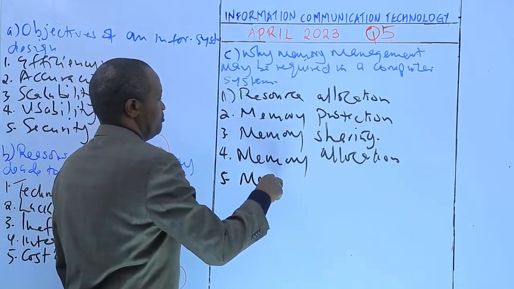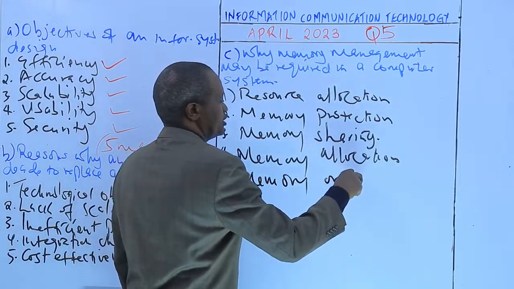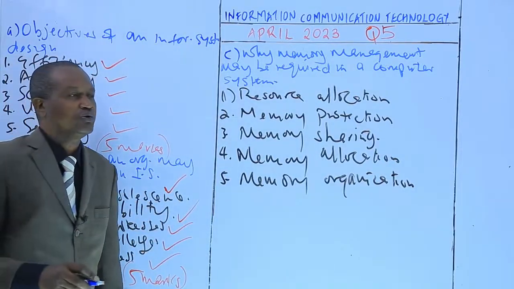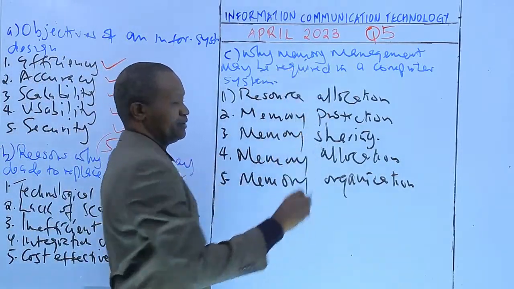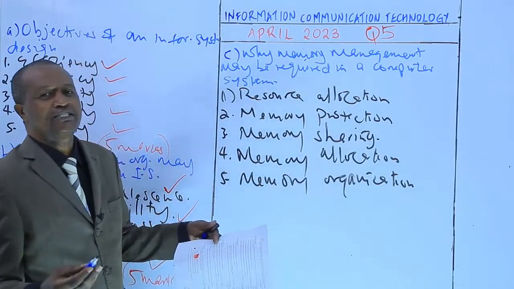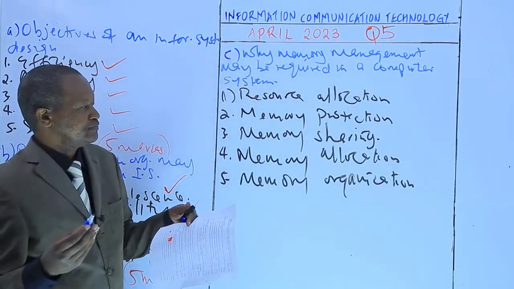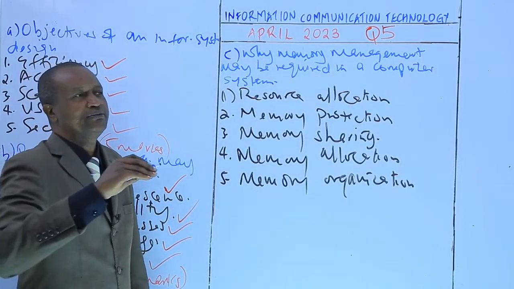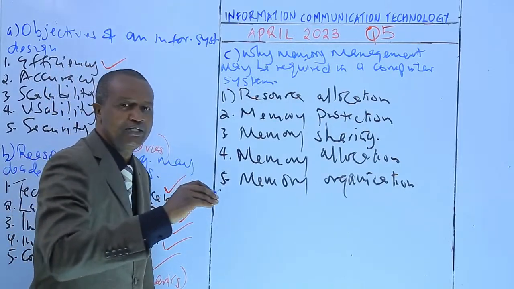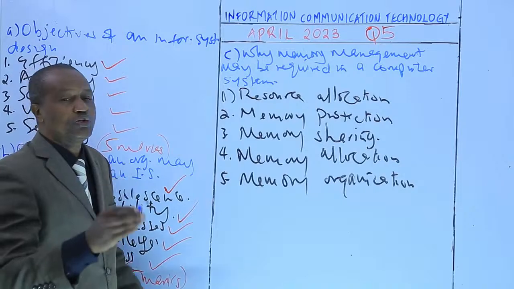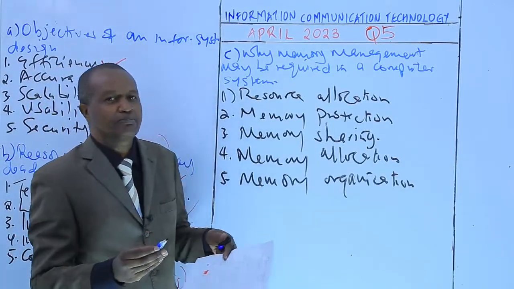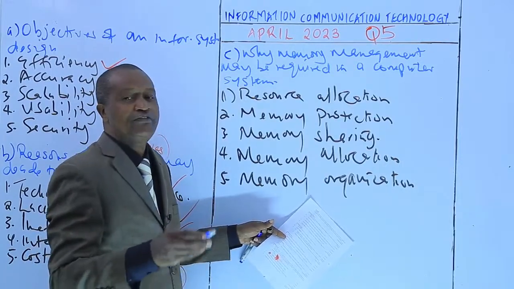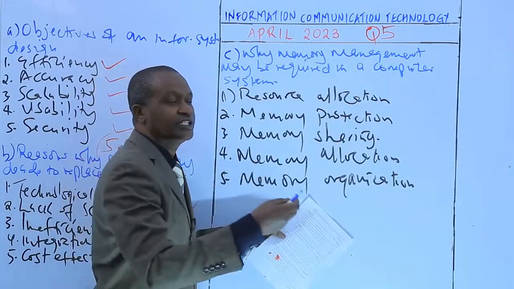5, memory organization. Memory management organizes the memory into logical units, such as pages or even blocks, and it does that for efficient data storage and efficient data retrieval.